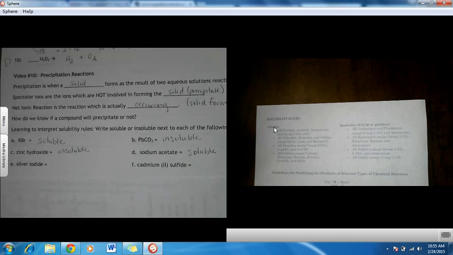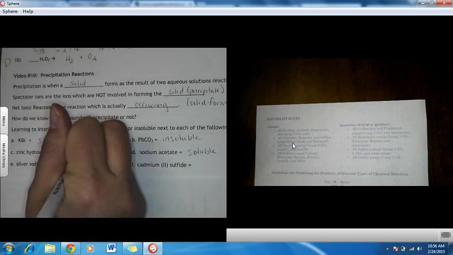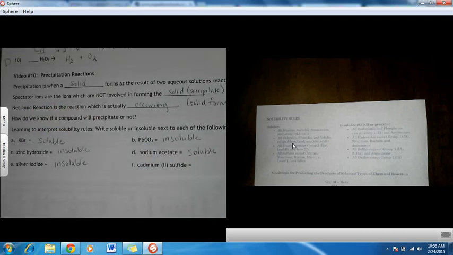Okay. Next we have silver iodide. So let's find the rule for iodide. That's down here in the second rule. All chlorides, bromides, and iodides are soluble except silver, which means silver iodide is insoluble. And then we have cadmium 2 sulfide.